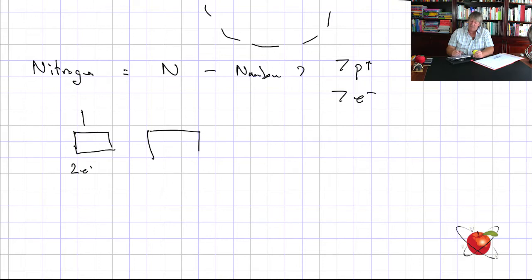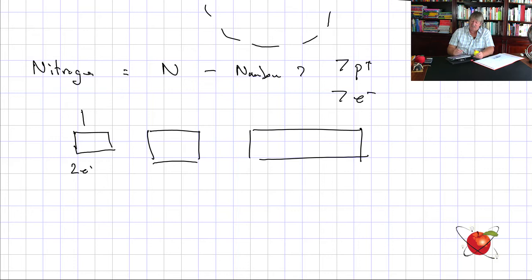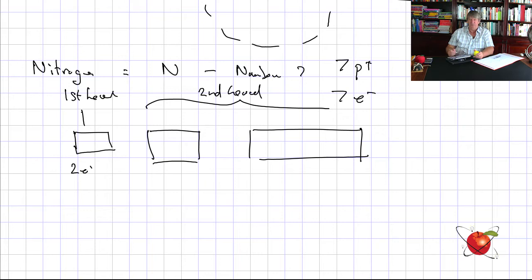They don't want to be there. What actually happens is the next electron that comes in goes into a different orbital. It goes into level 2. So this is the first level, and this here is the second level.